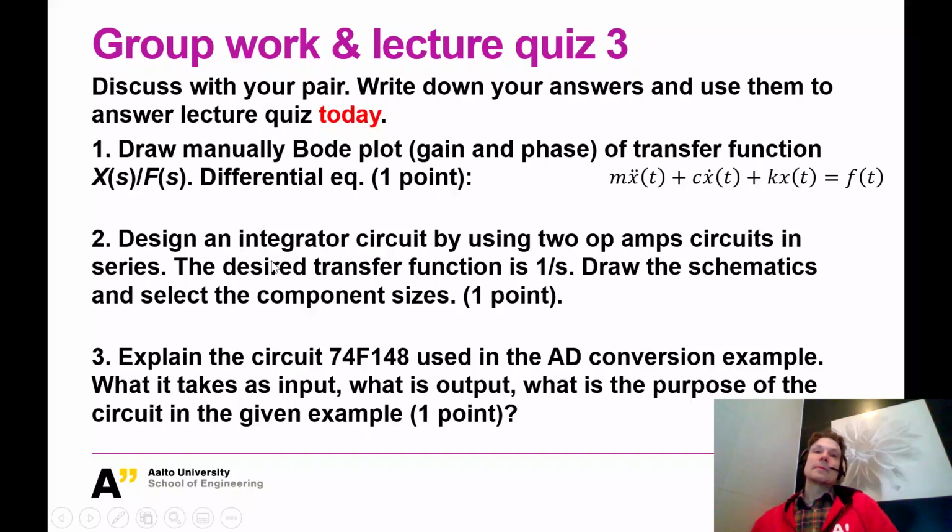So then we are asked to design an integrator circuit by using 2 op-amp circuits in series, and we are required to have the transfer function 1 over s. And then we are asked to draw schematics and select the component sizes. So how would you do this?